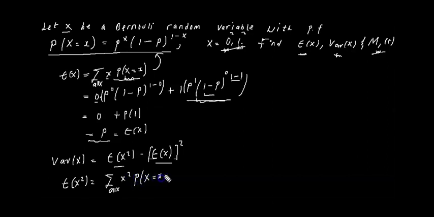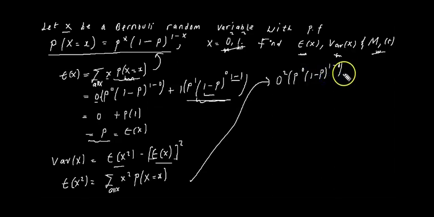So summing up, we will have 0 squared of p, 0, 1 minus p, of 1 minus 0, like that.